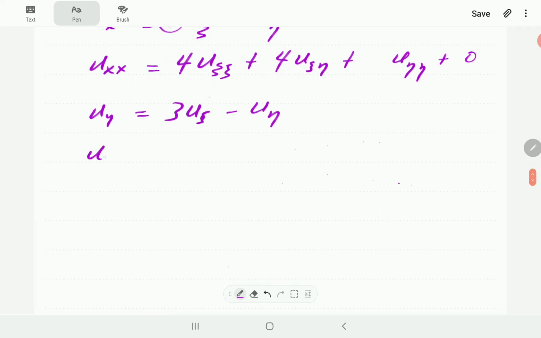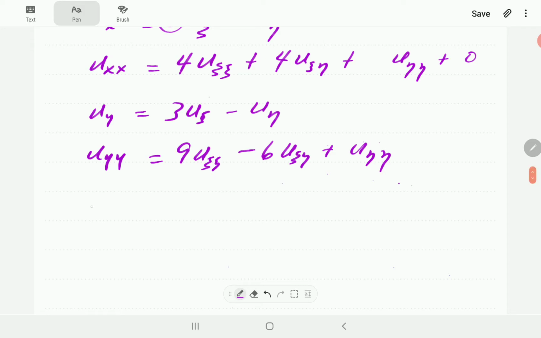And then again, u_yy is going to be the square of 3, which is 9, minus 2 times 3 times 1, the minus is already there. So this one is going to be 6 u_xieta, and then the last one is going to be that.